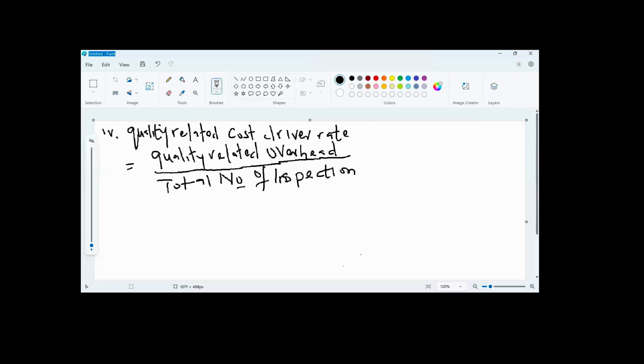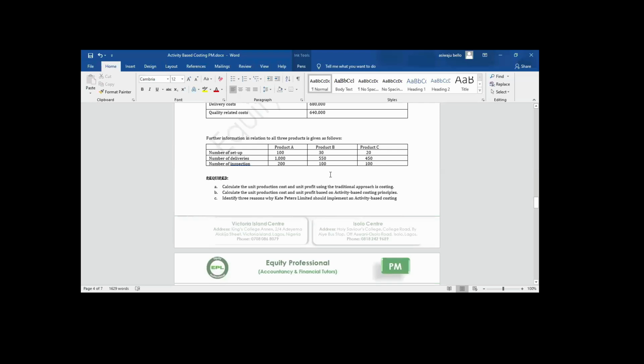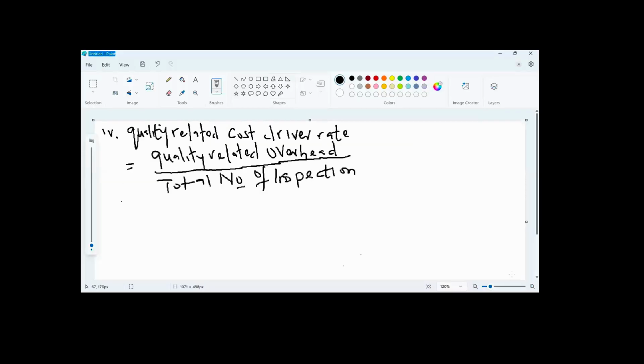To go back to the question: 640. Now let's look at the number of inspections. 200, 100, 100 for products A, B, C. Can you see it, please? Yes, sir. Total inspections: for product A, we have 200 inspections.